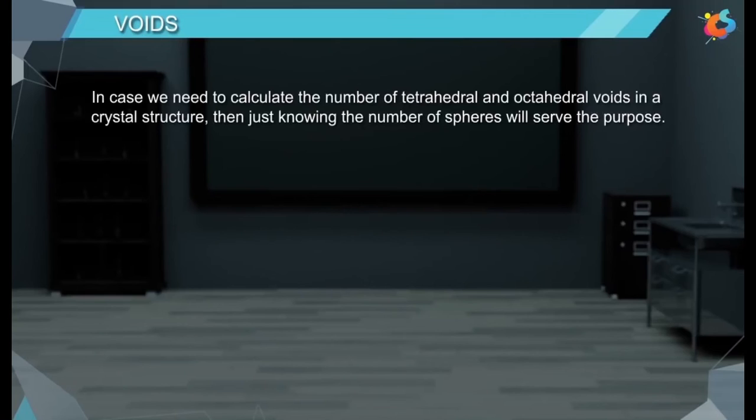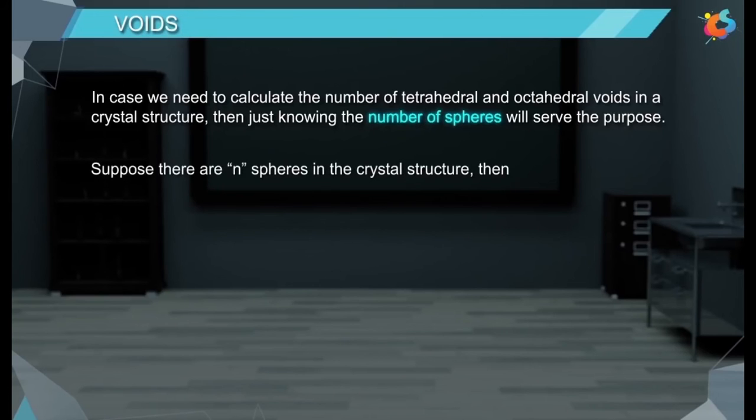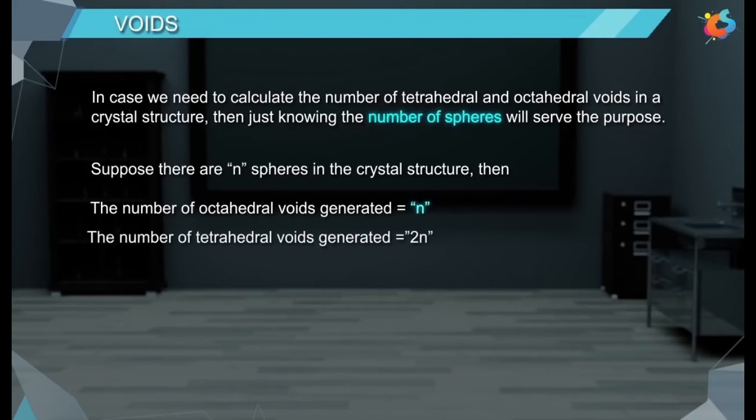Now, in case we need to calculate the number of tetrahedral and octahedral voids in a crystal structure, just knowing the number of spheres will serve the purpose. Suppose there are n spheres in the crystal structure, then the number of octahedral voids generated is equal to n. The number of tetrahedral voids generated is equal to 2n.